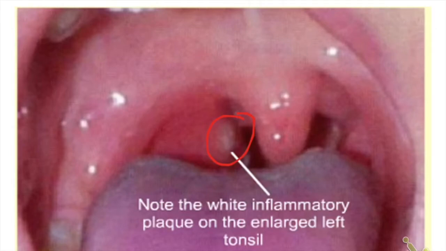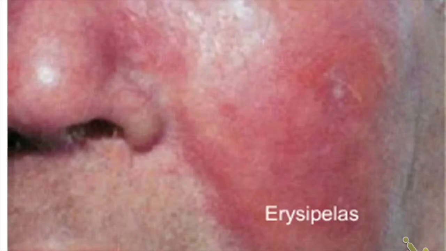So if you have tonsillitis, which by the way every month I have, you find it difficult to swallow, that could also be accompanied by fever. And erysipelas is another one. Erysipelas is also due to Streptococcus infection.